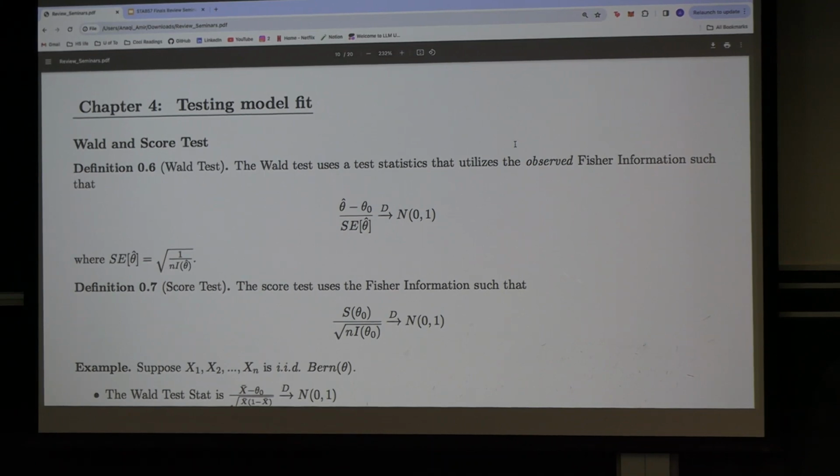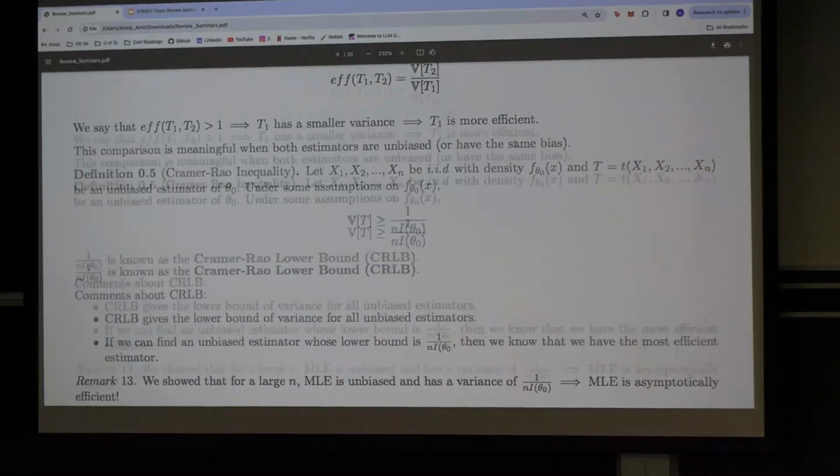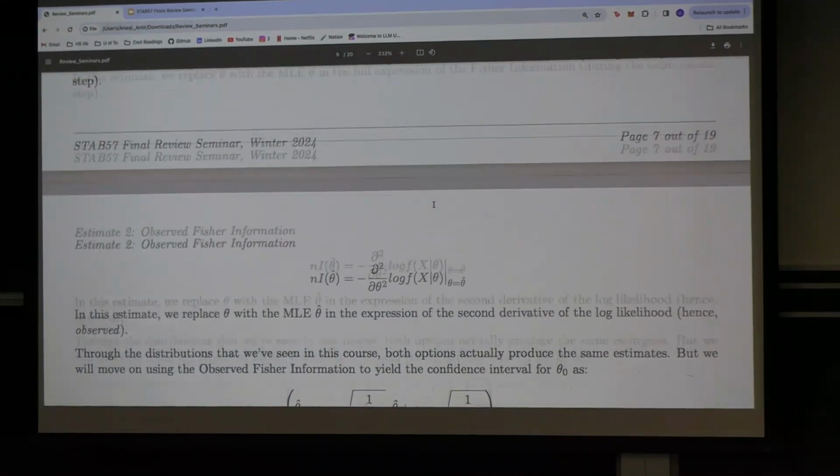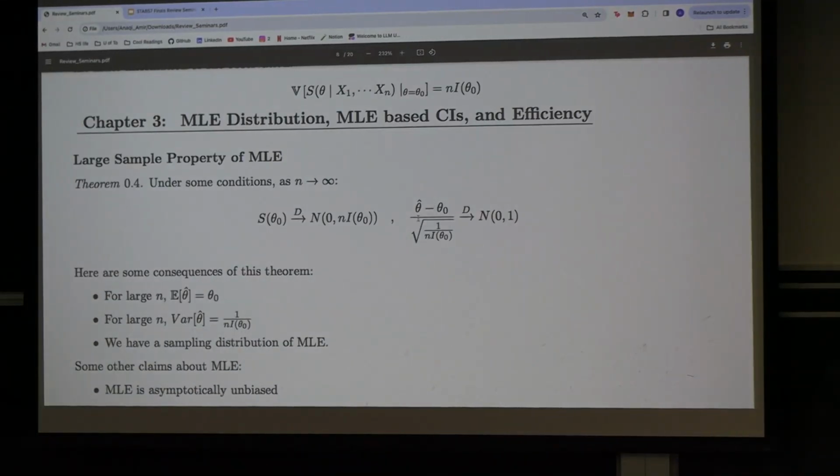Okay. So there's two kinds of tests, and there's not a lot that's different between them. In the first one, notice that it's very similar to this value over here.